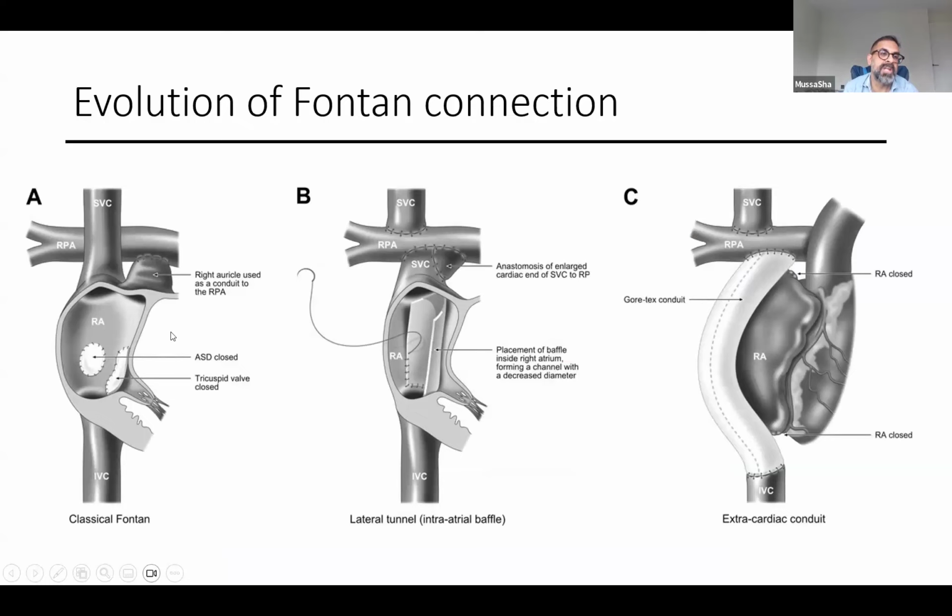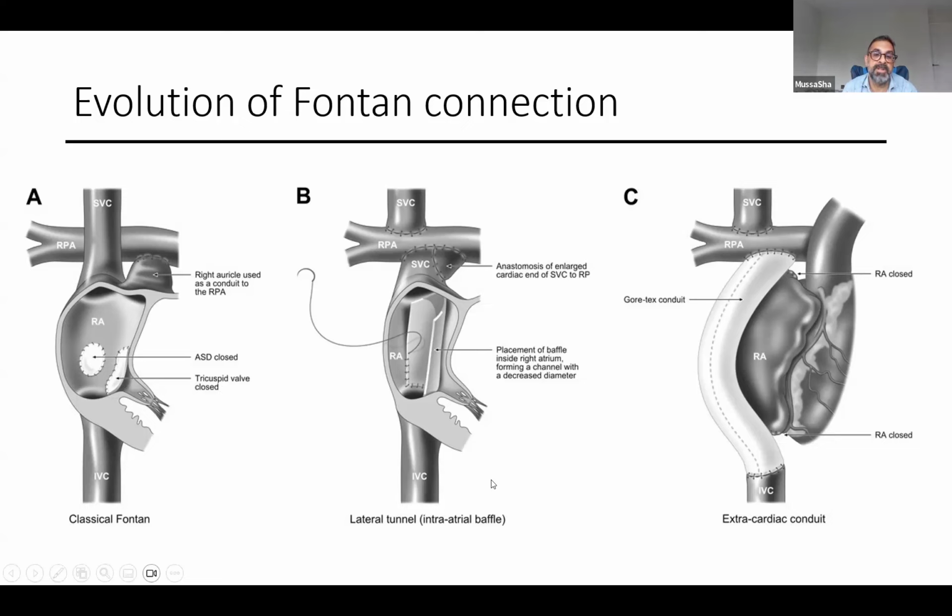So the classical Fontan, the atriopulmonary connection, was a connection between the atrium and the pulmonary artery, with the atrial appendage being used as the conduit. Initially, as I described earlier, Fontan had put a valve in that position. This is a tricuspid atresia, so the valve is closed off, the ASD has been closed, and the pulmonary and systemic venous returns are separated.